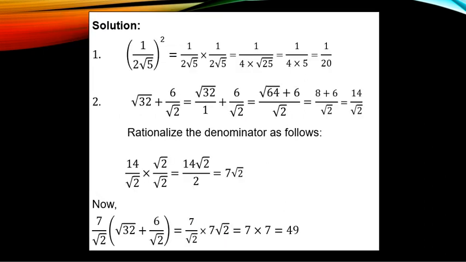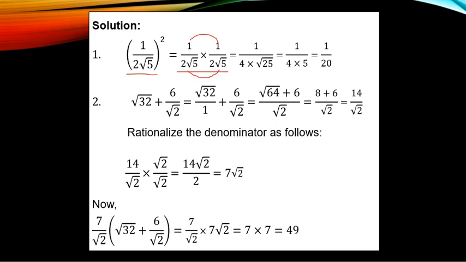so solution number 1. So this is the first question there. The square simply means you should write the term in the bracket 2 times and multiply. When you are multiplying fractions, you multiply numerator against numerator, then denominator against denominator.